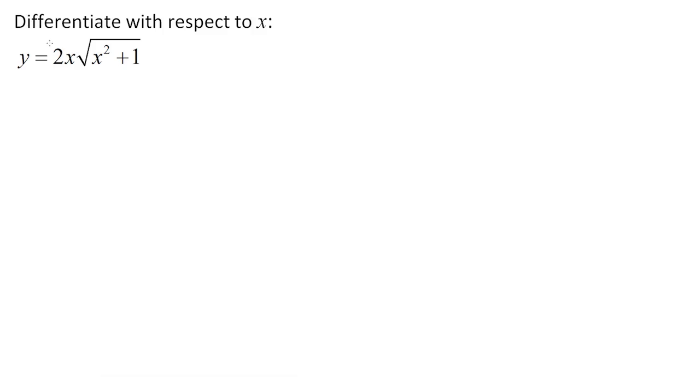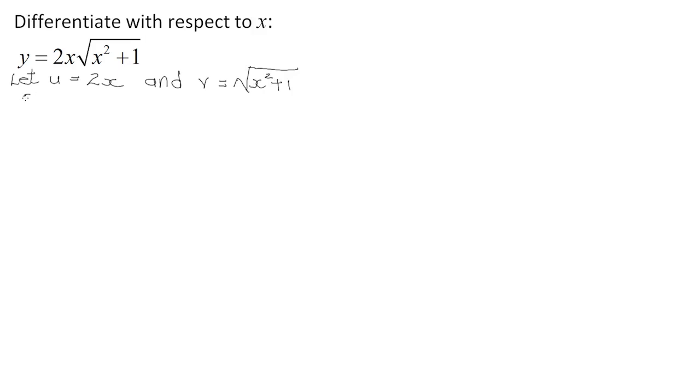So you're going to let your first algebraic expression be equal to u. You start with a statement. Let u be equal to 2x. And you're going to let your second expression be equal to v, the square root of x squared plus 1.